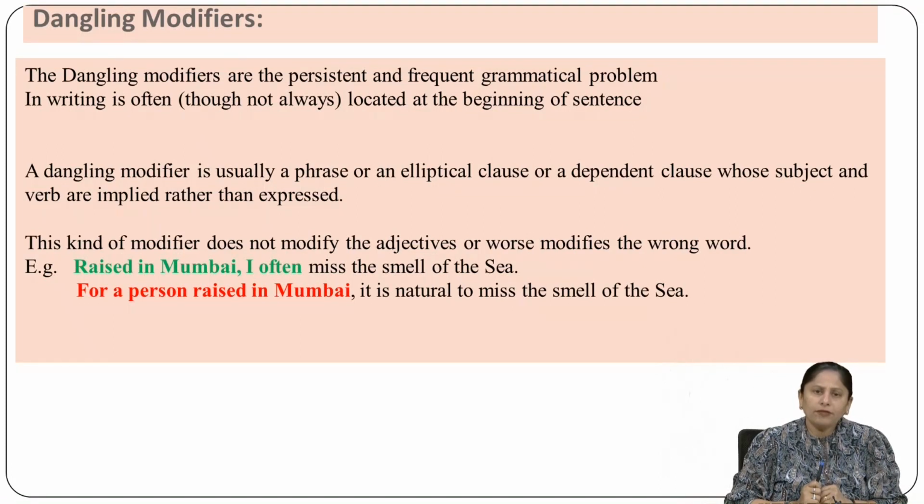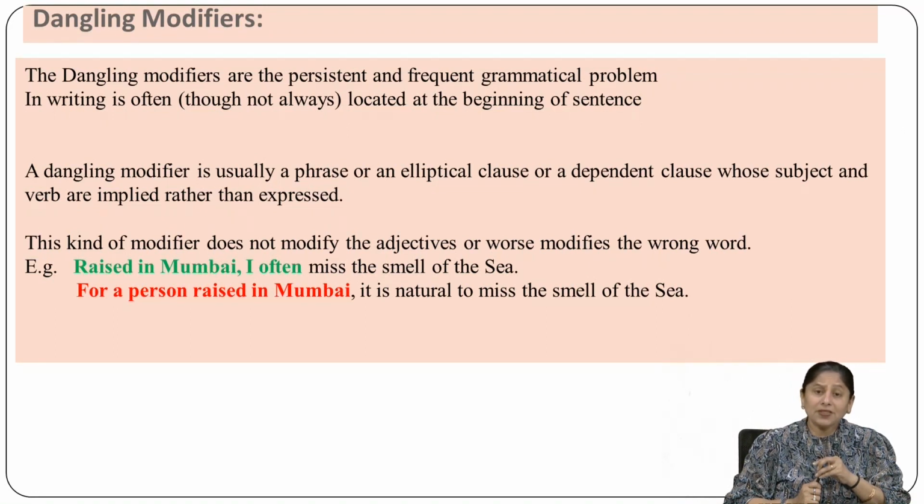A dangling modifier is usually a phrase. Look, as I told you, it is a phrase, or an elliptical clause or a dependent clause whose subject and verb are implied rather than expressed.